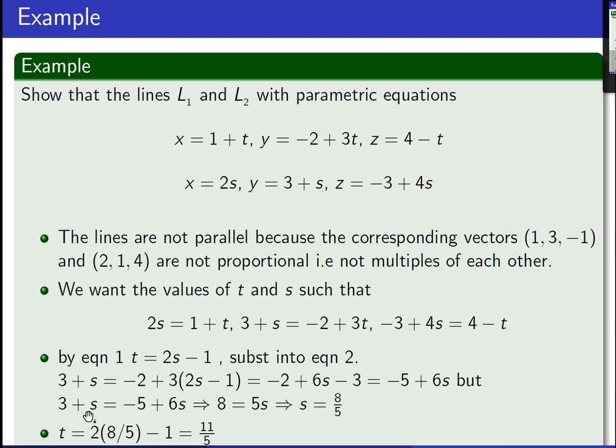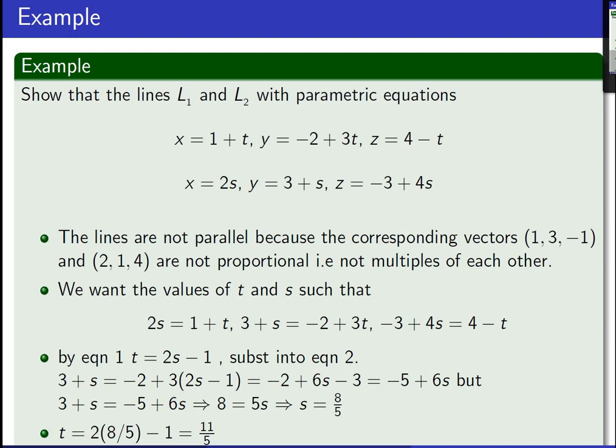Keep in mind that 3 + s = -5 + 6s. We get 5s, taking this s to the other side, which means that s = 8/5. We already know that t = 2s - 1, but now s is 8/5. We substitute to get that t = 11/5.